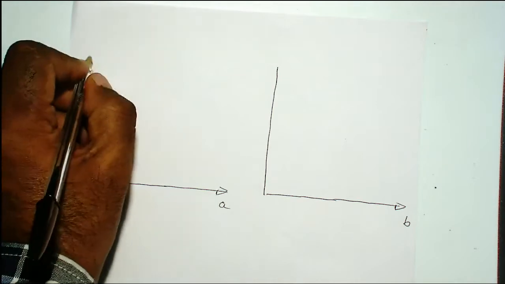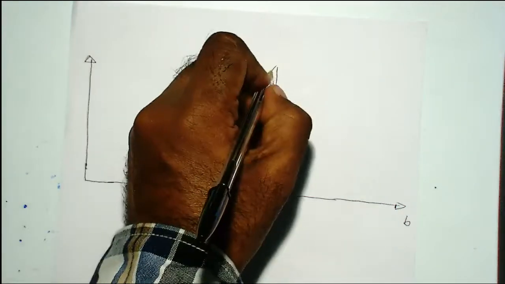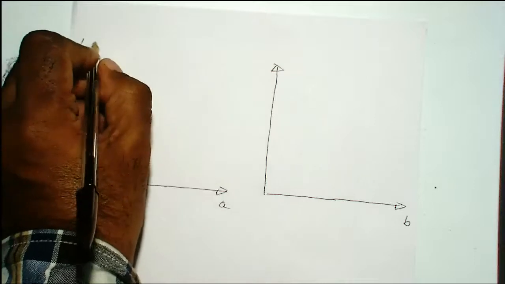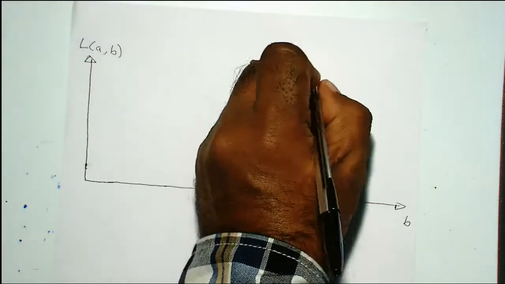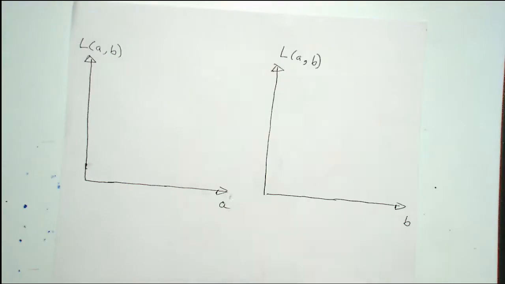And on both, you're trying to plot the likelihood function with respect to a and with respect to b. Now this is where the knowledge of graphing functions comes in.